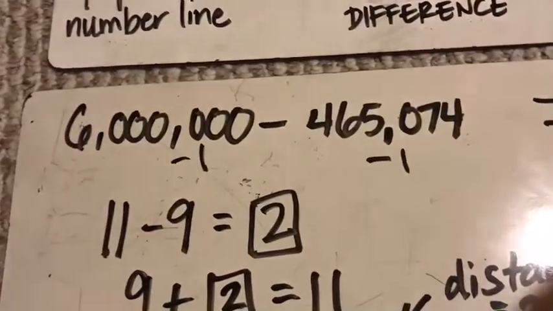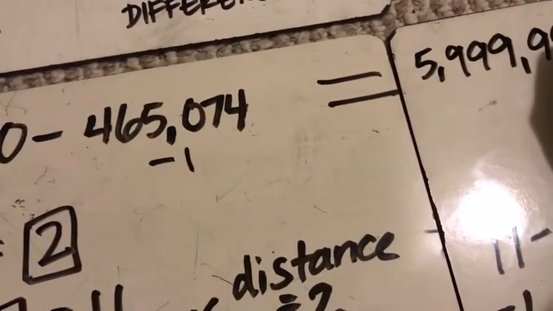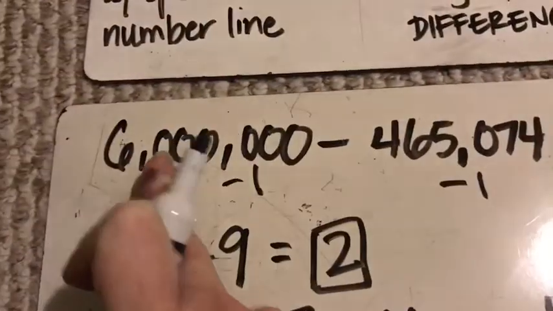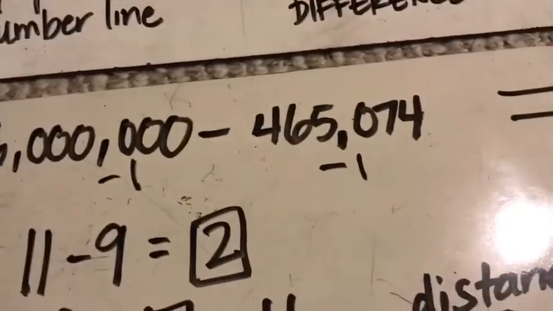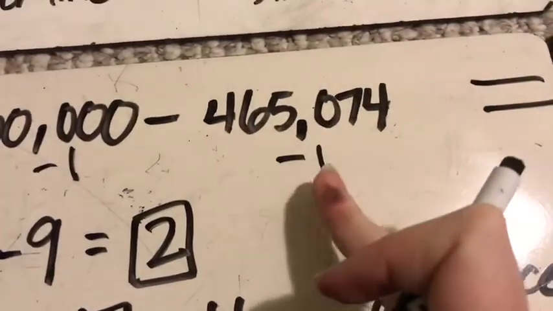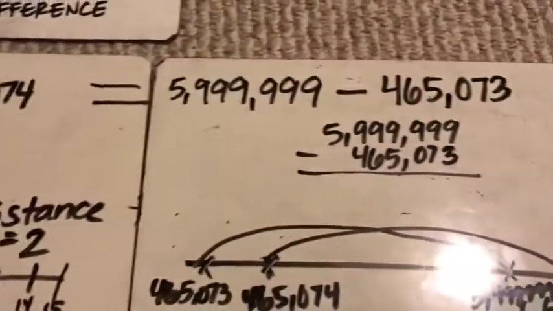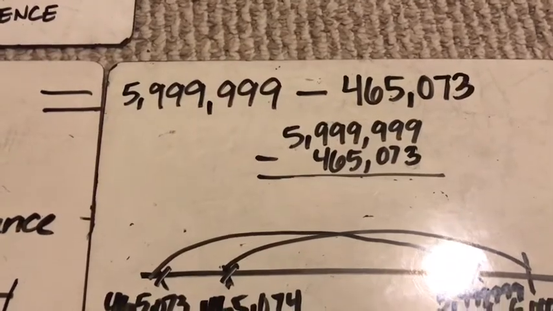So that would give me 5,999,999, because that's 6 million minus 1. And then I could take away 465,073, because that's 1 less. So I took 1 off of both of those to make an equivalent problem.